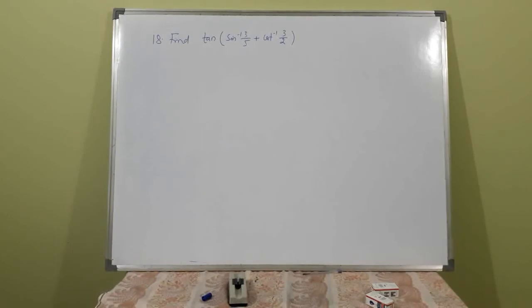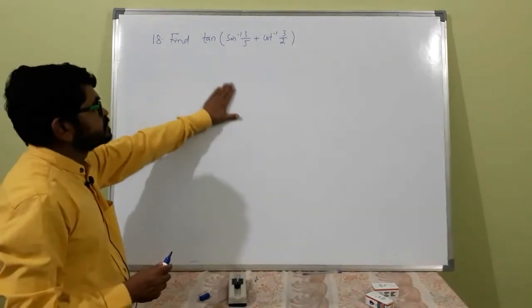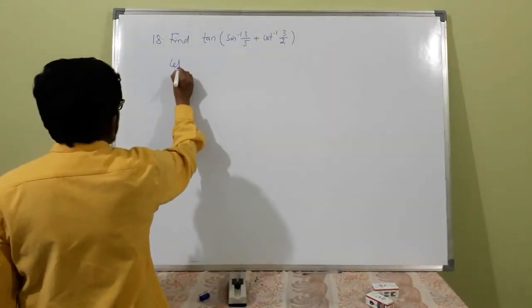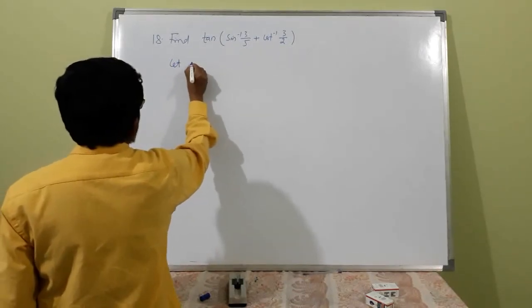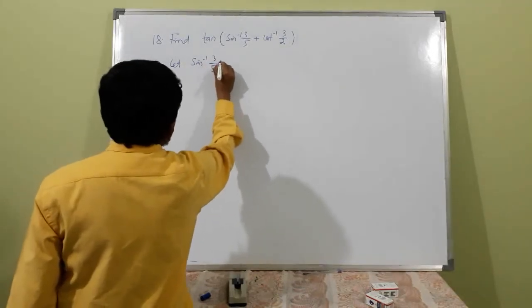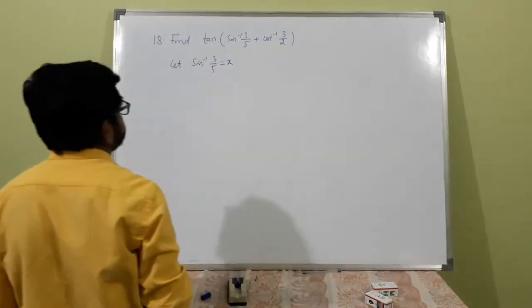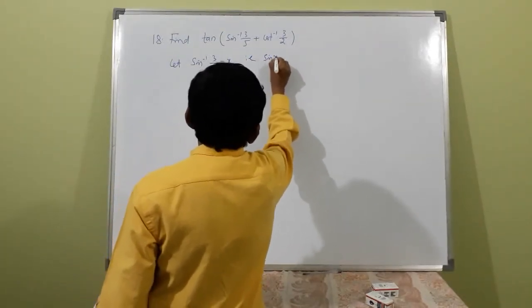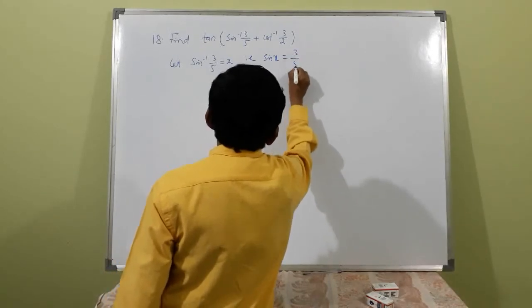Find tan of sin inverse 3 by 5 plus cot inverse 3 by 2. We have to find the value of this expression. Let sin inverse 3 by 5 be equal to x, that is, sin x is equal to 3 by 5.